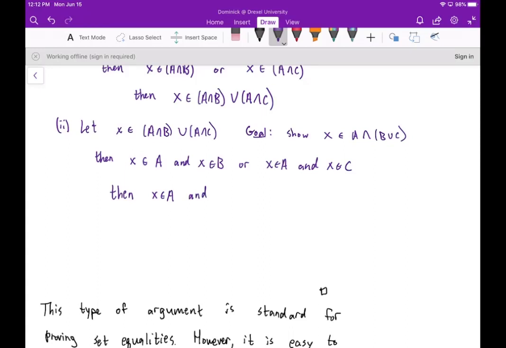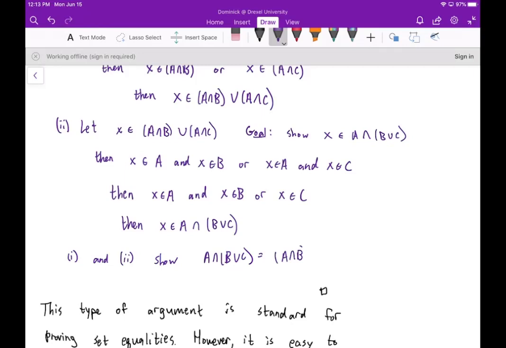Now, x is in A and either x is in B or x is in C. And of course, now we're there because this says then x is in A intersect B union C, right? Which of course is what we wanted to show. So 1 and 2 together show that A intersect B union C is equal to A intersect B union A intersect C, right? Which is what we wanted to show.